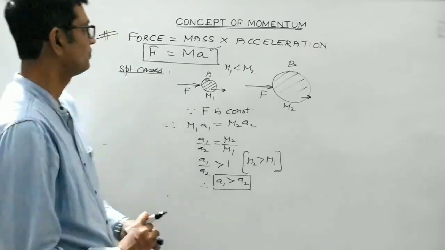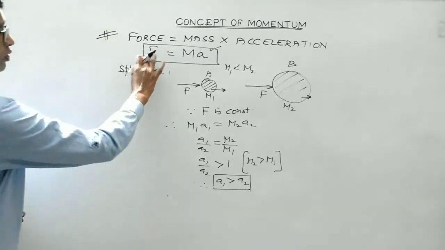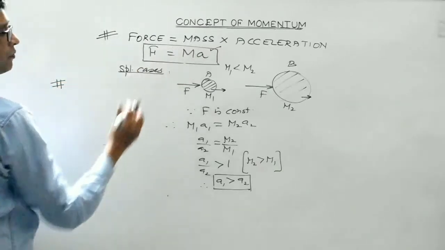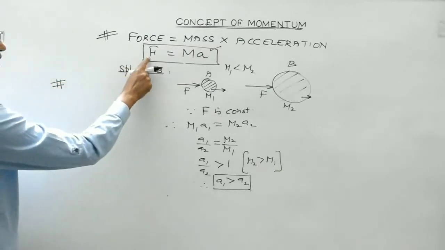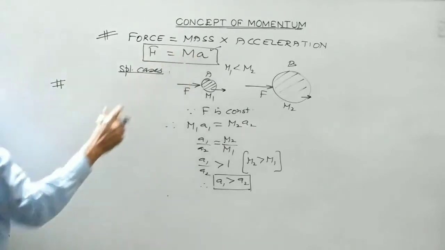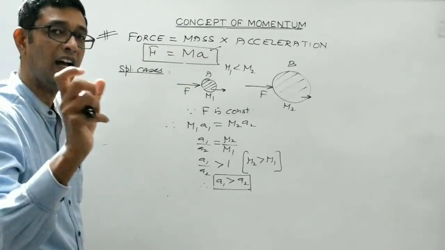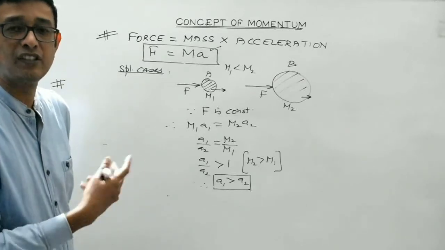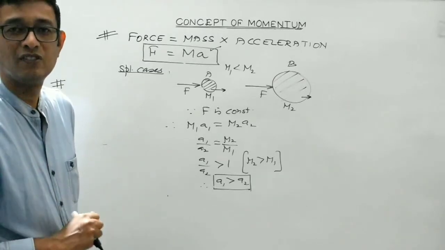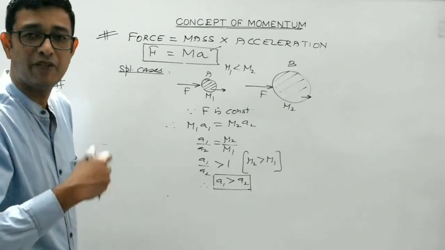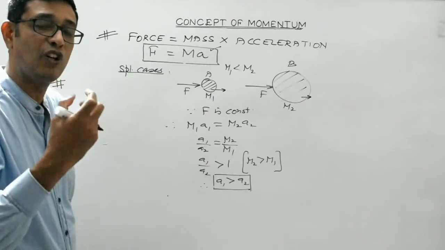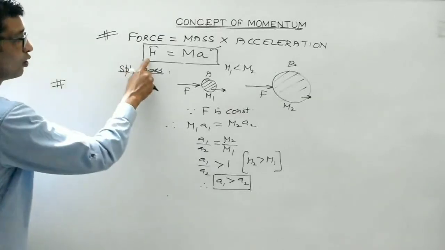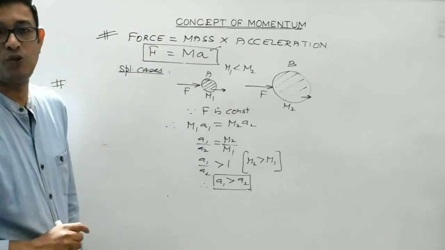Right, students? The second conclusion is that if a force is acting on the body, then the body must have some sort of acceleration. If F is 0, then acceleration is 0. But if F has a non-zero finite value, then a will also have a non-zero finite value. So it is the force which produces acceleration in the body.